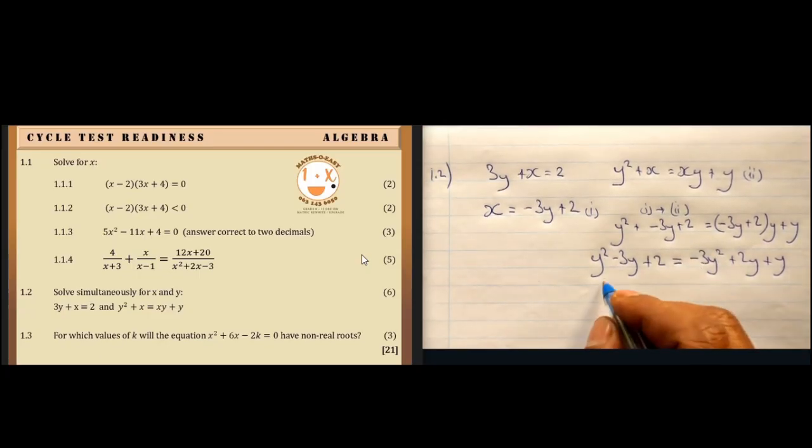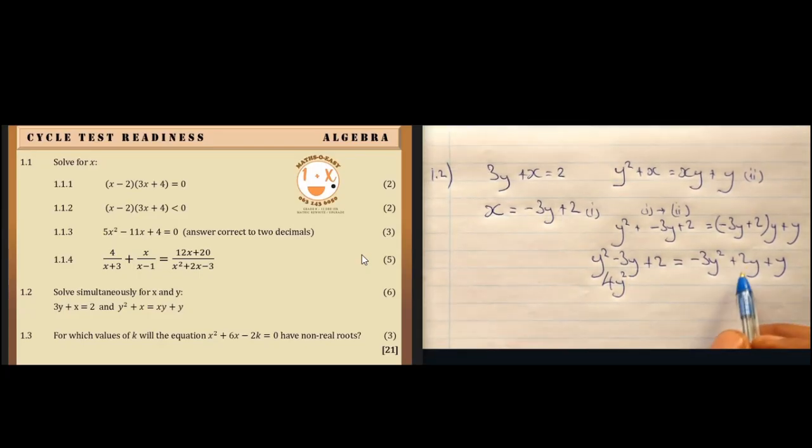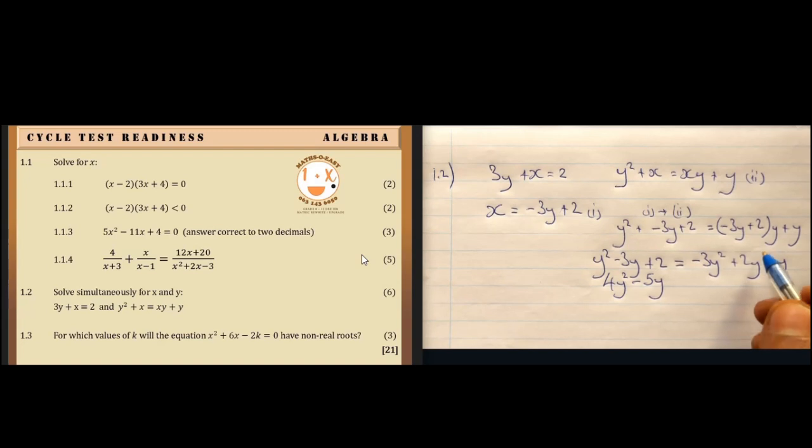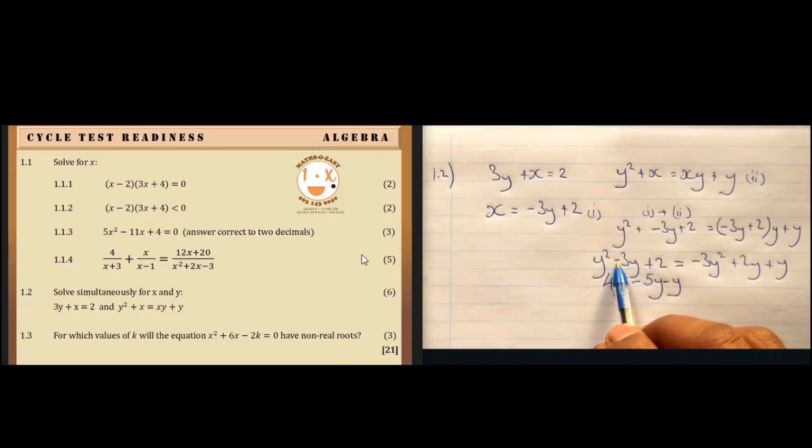Right, now I can start to match things. So this one will join that one. It will be negative 5y plus what? Plus this y. It could have been negative 6y. But it's going to be what now? Negative y. Okay. So it's negative 2y plus that, negative 5y, and this y.